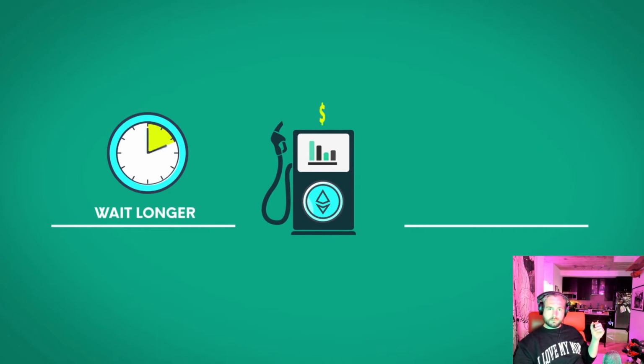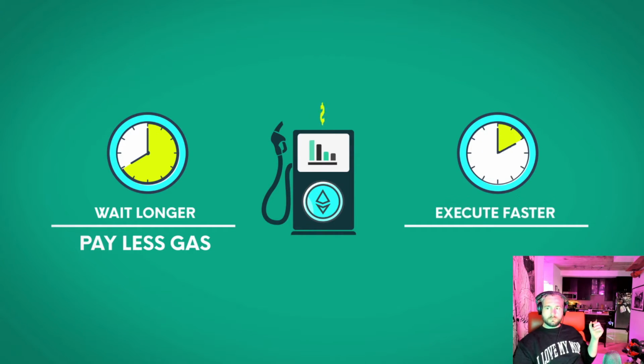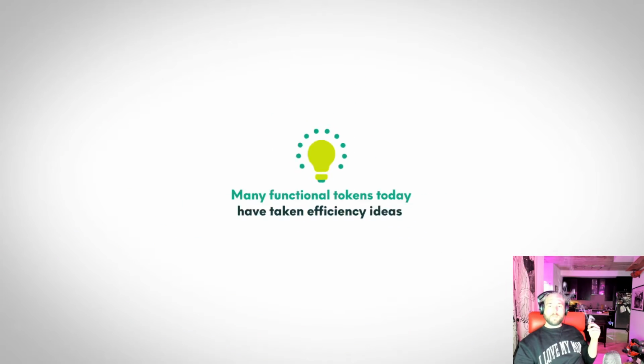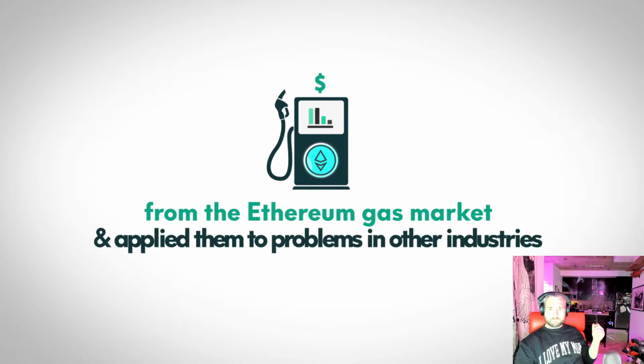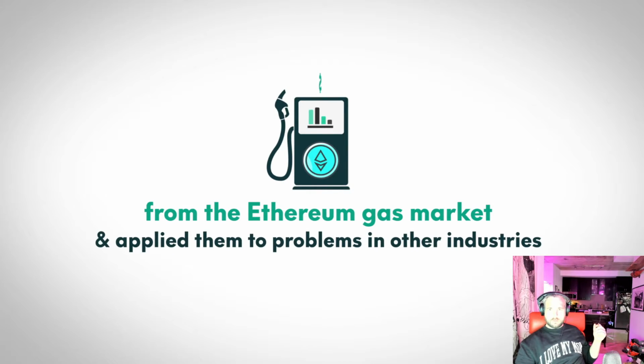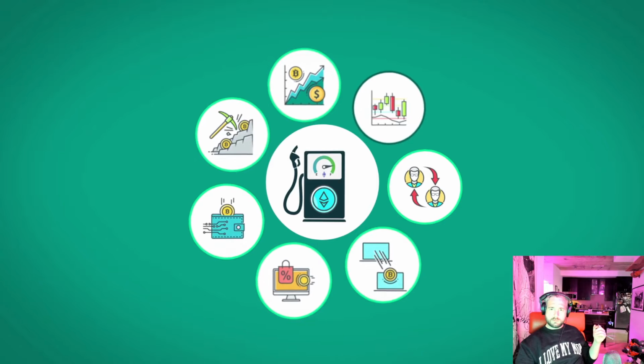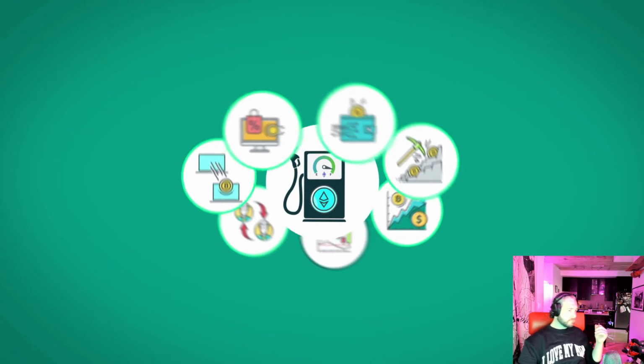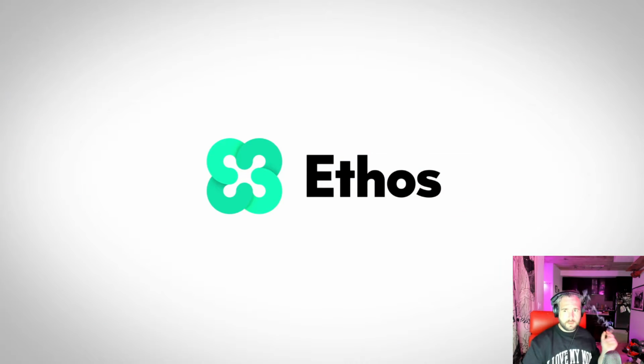If you are willing to wait longer, you can pay less gas. If you want your contract or transaction executed faster, you pay more gas. Many functional tokens today have taken efficiency ideas from the Ethereum gas market and applied them to problems in other industries. Many believe the future lies in this kind of very efficient use of decentralized resources, which benefits all participants.